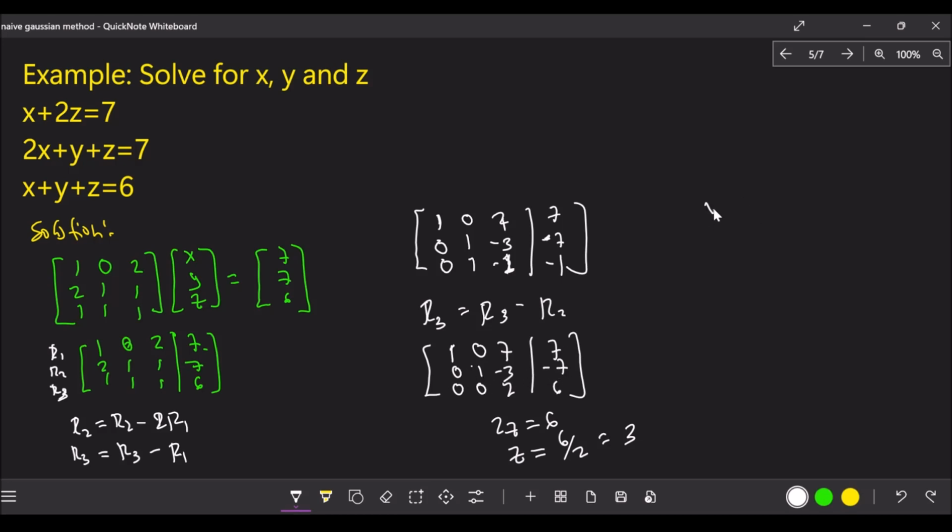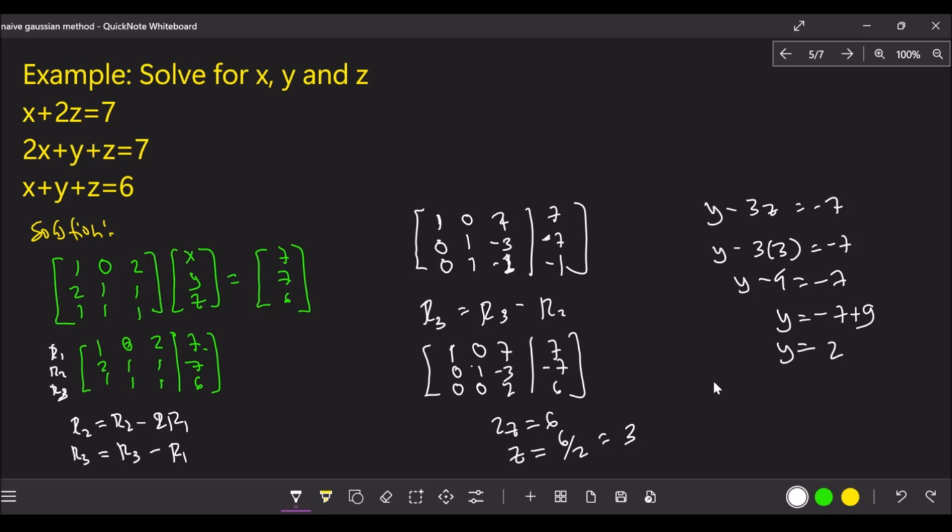So we have y minus 3z is equals to negative 7. So we have y minus 3 times 3 is equals to negative 7. So we have y minus 9 is equals to negative 7. So y is equals to negative 7 plus 9. So our y is equals to 2.